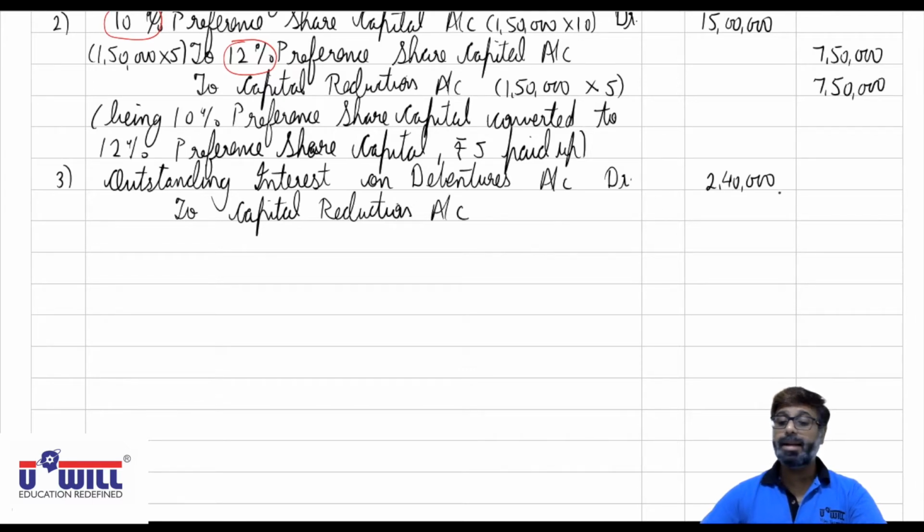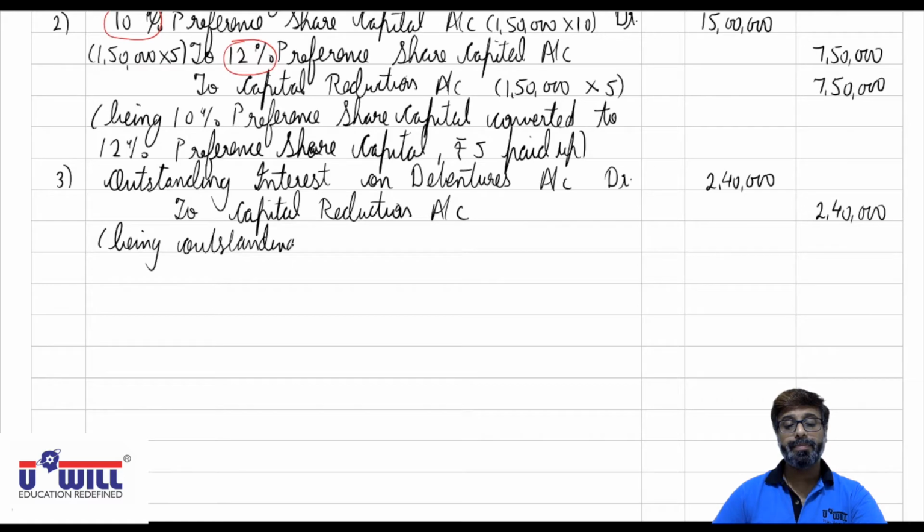Directly what they have sacrificed will be transferred to capital reduction account. So outstanding interest on debentures account debit 2,40,000 to capital reduction account 2,40,000, being outstanding interest foregone or sacrificed by debenture holders.